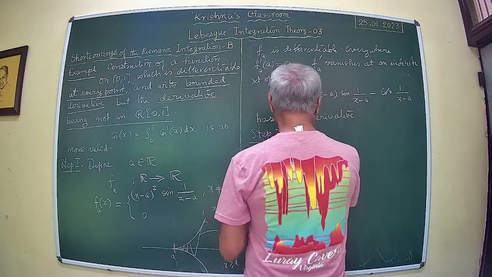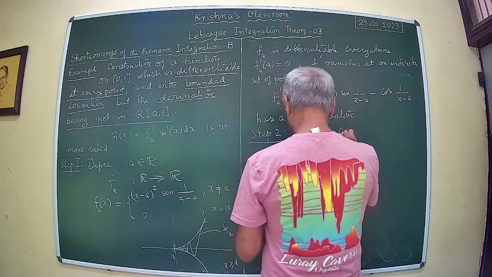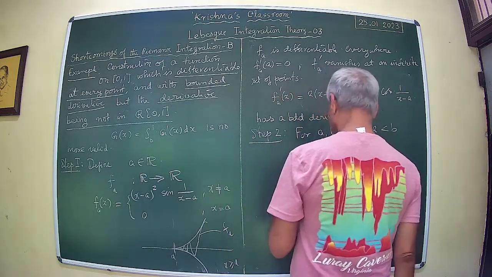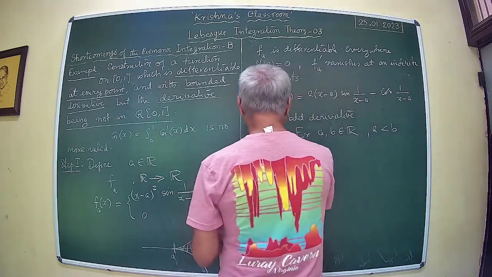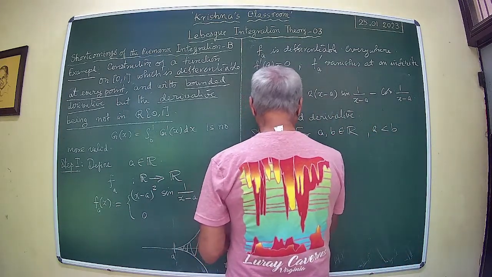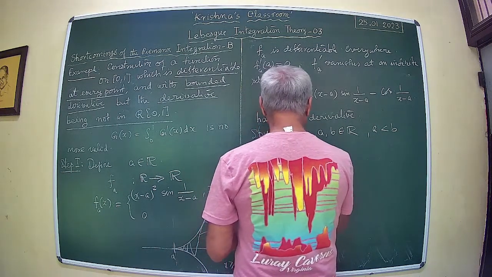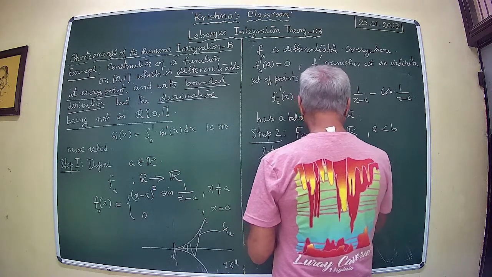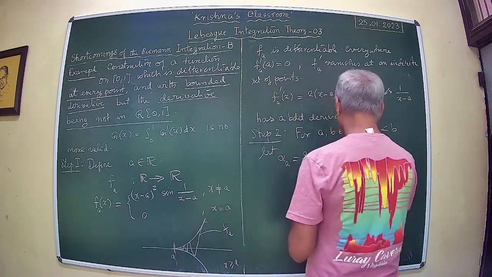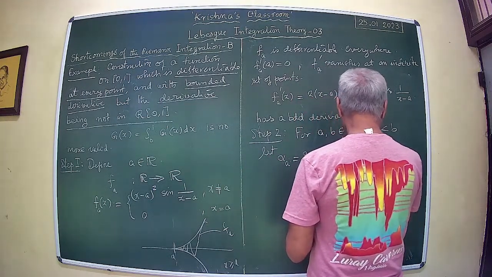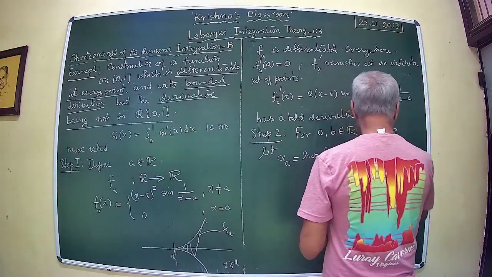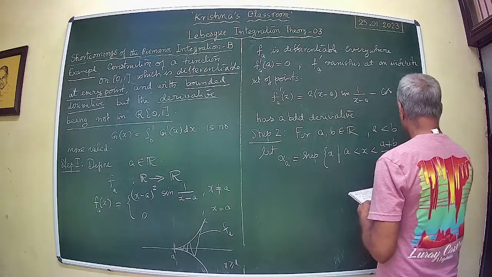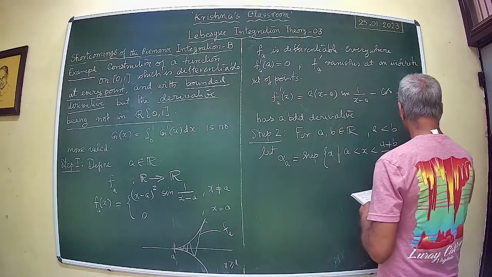For a, b belonging to R with a less than b, we write alpha_a to be the supremum of x for which a is less than x less than (a+b)/2, which is the midpoint of the interval, and f'(a) equal to 0.